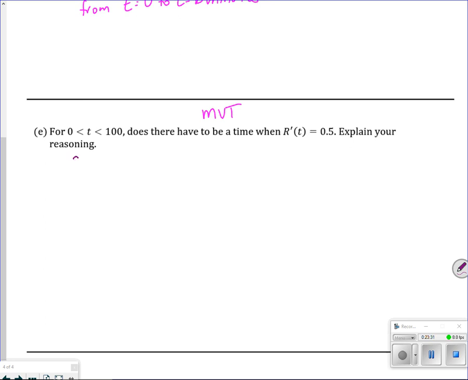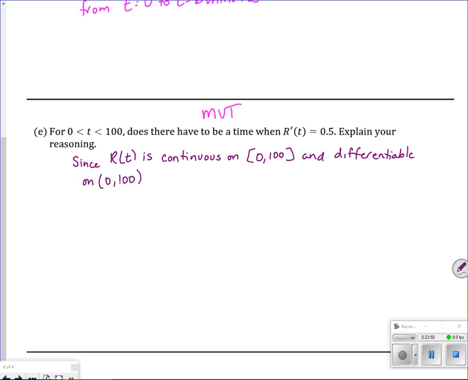Yes, since R of T is continuous on the closed interval 0 to 100, and differentiable on the open, then what does the MVT state?